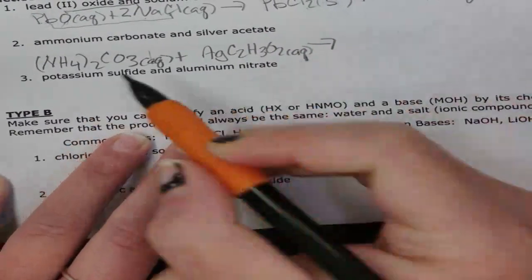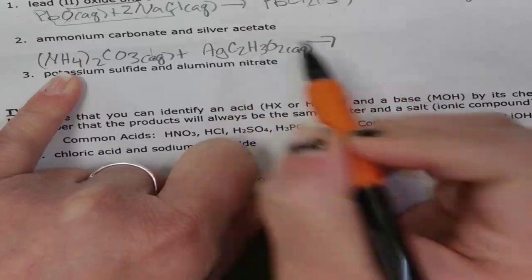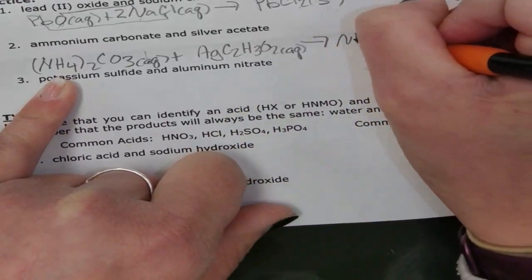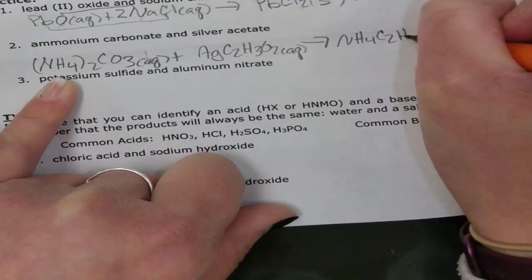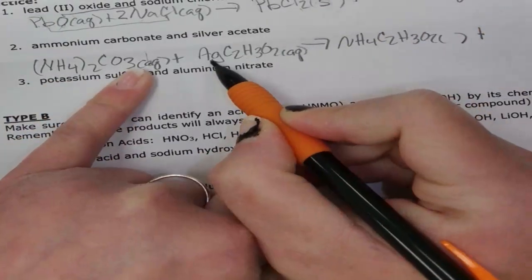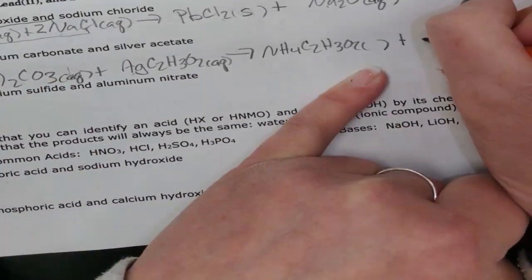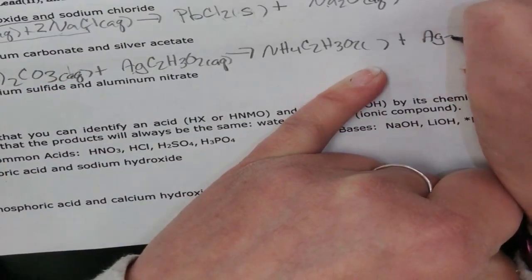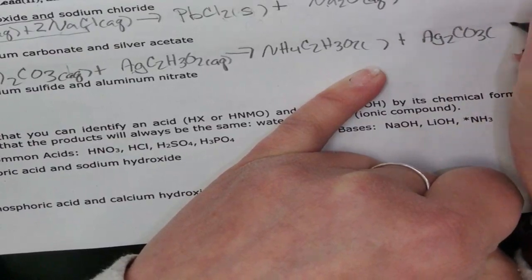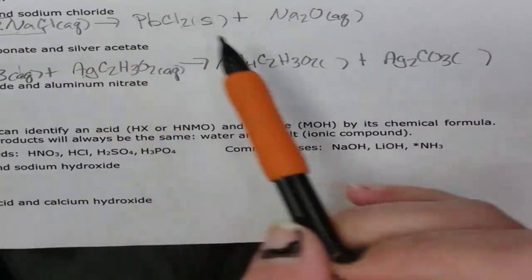All right, so my outsides come together, the ammonium and the acetate. And then my insides come together, the silver and the carbonate. Now we have to determine our states of matter. All right.